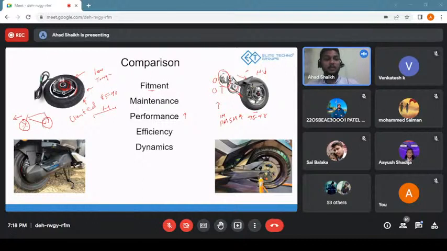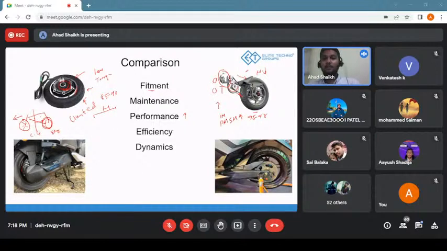But there is 8 to 10 kg of weight inside the wheel. So the CG of the vehicle is shifted to the back side. CG is the center of gravity, which has to be in a proper place, somewhere around the middle of the vehicle, so that the balance of the vehicle is maintained. But when you use a hub motor, the CG shifts backwards and it completely affects the ride quality, which is not desirable or advisable when making electric two-wheelers.